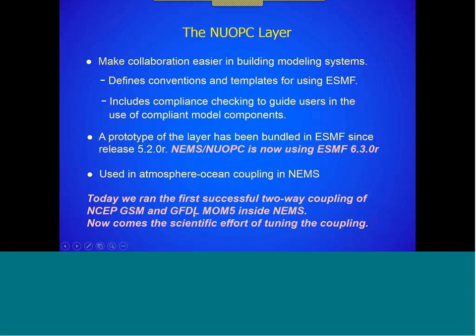And now comes the scientific effort of tuning the coupling, or perhaps debugging. As Balaji mentioned, the SST was going a little bit out of control just in our 7-day forecast. The first test is rarely successful; I'm glad it got to the end of the forecast, actually, but it has anomalous evaporation and everything as the SST is running away.